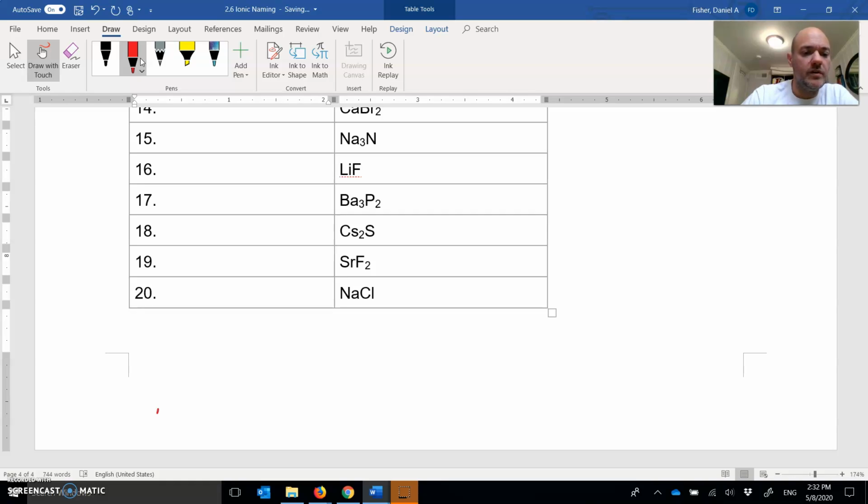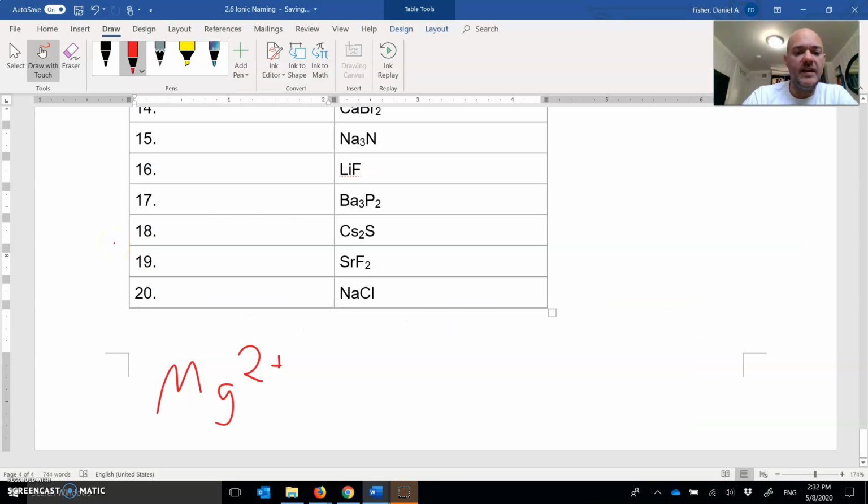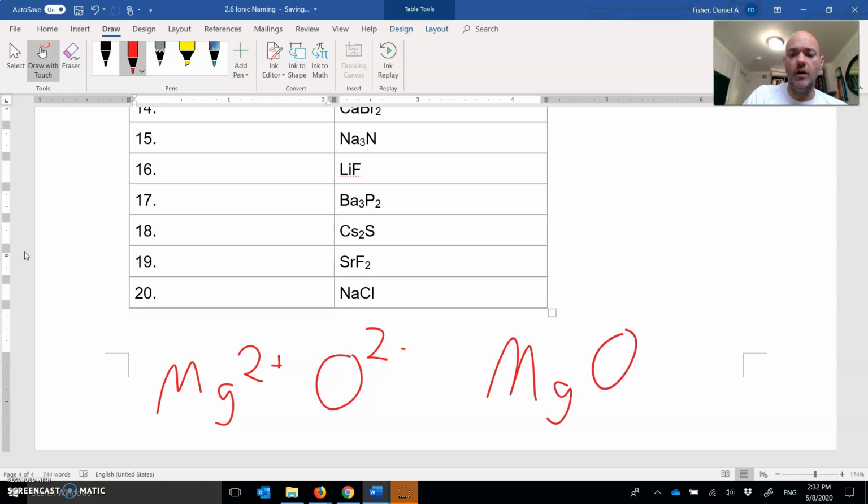So we'll go magnesium, which is a +2. Come back over here, I go, okay, magnesium +2. And then I've got, say, oxygen, which is a -2. If it's the same number here, you've got the coolest, simplest formula. It's just MgO, right? That's super easy.